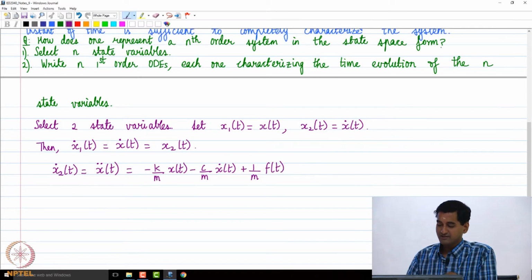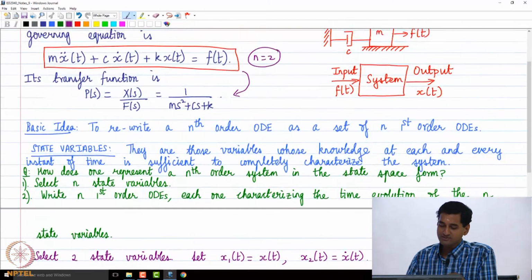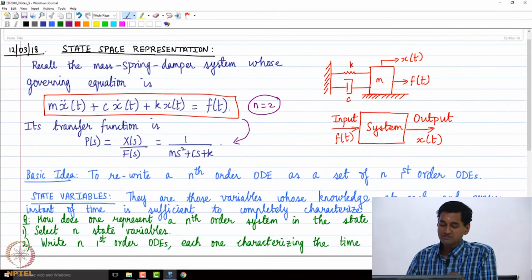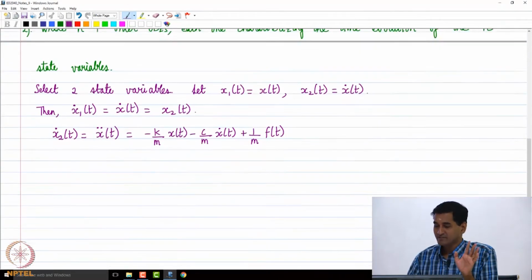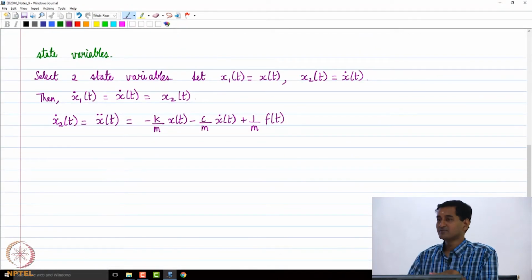Let me tell you how I got it. I use the governing equation of motion. If I take c x dot and k x to the other side, you get a negative sign, and then you divide throughout by m. That is all I did. Very simple algebra. So, I get x double dot as minus k by m x of t minus c by m x dot of t plus 1 by m f of t.